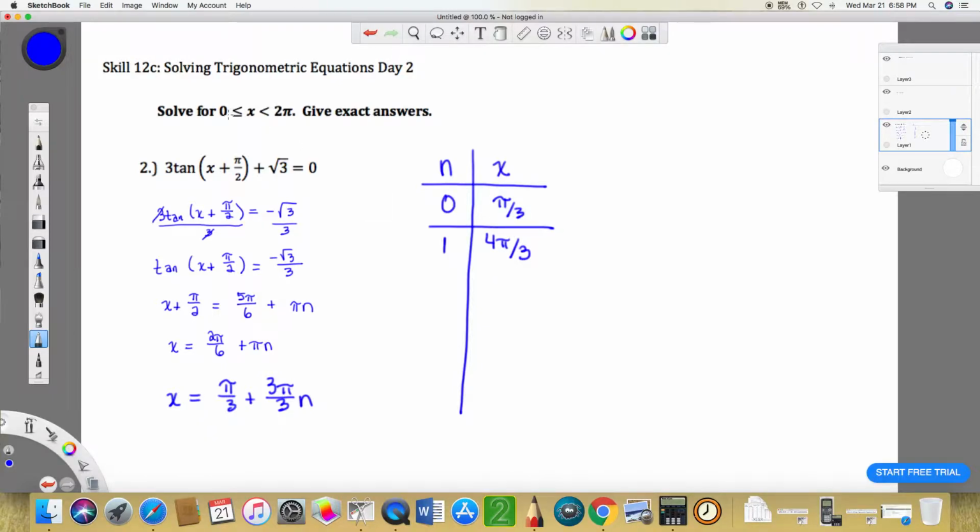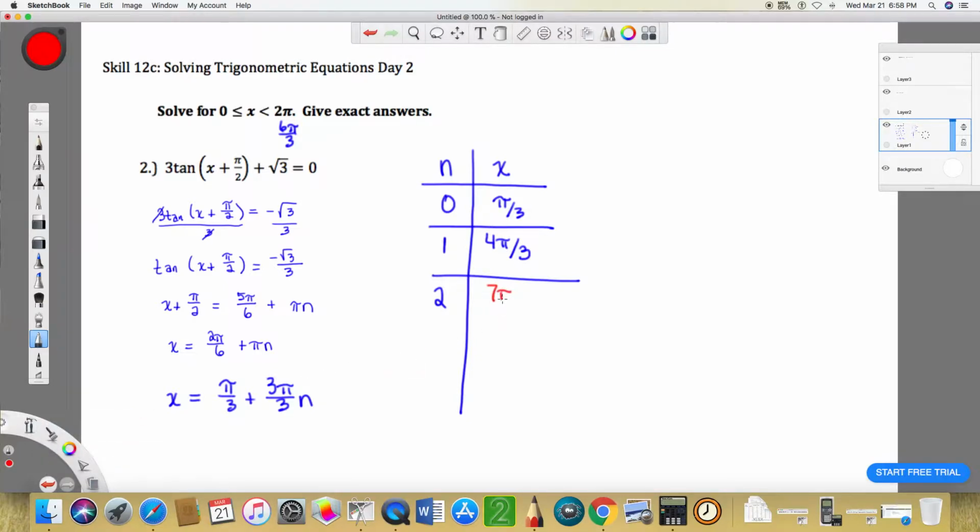Now remember, if I rewrite 2 pi as 6 pi over 3, it's easier for me to see when I exceed that upper limit. So 4 is still below 6. If I let n be 2, though, 2 times 3 is 6, 6 plus 1 is 7, and that's going to be too big.